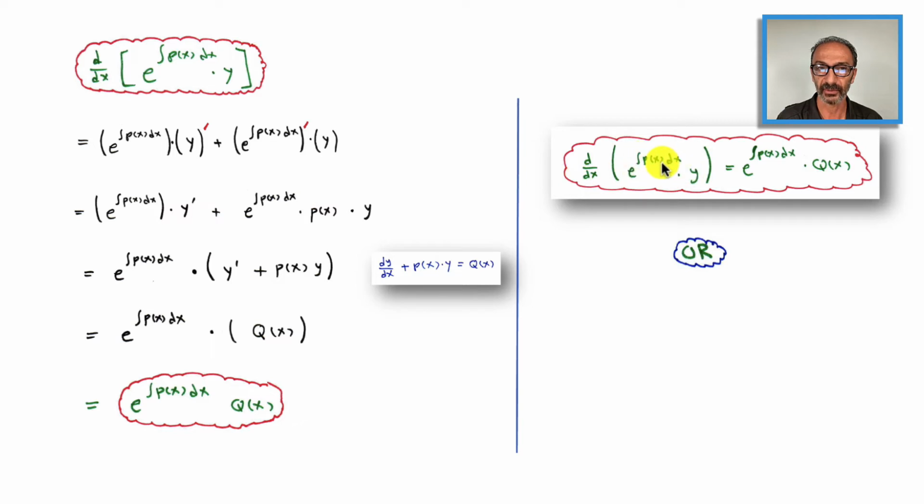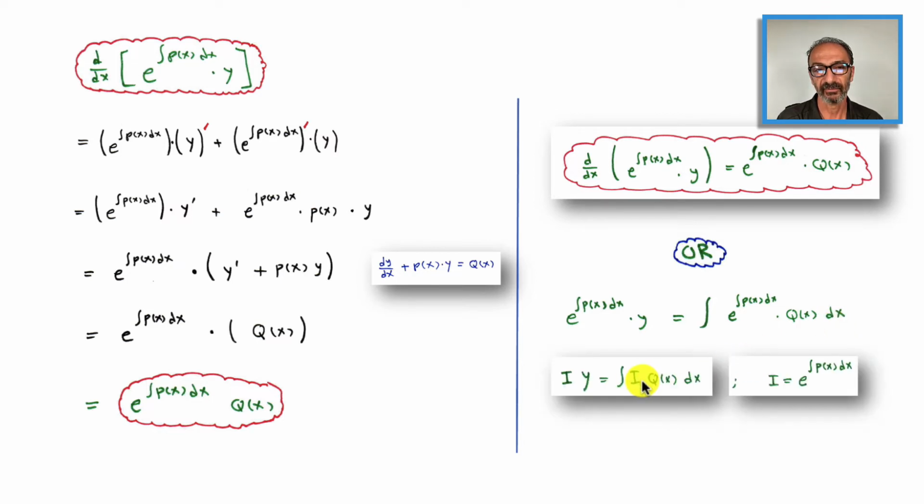We'll leave this alone, and this will show inside an integral, of course, with respect to x. So what do we have here? We have I times y equals the integral of I times q of x dx.